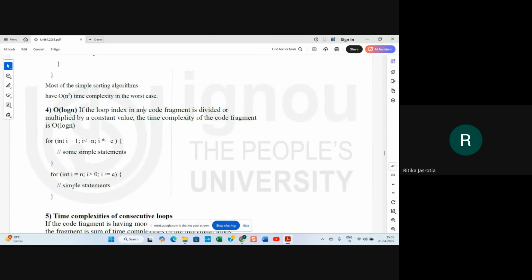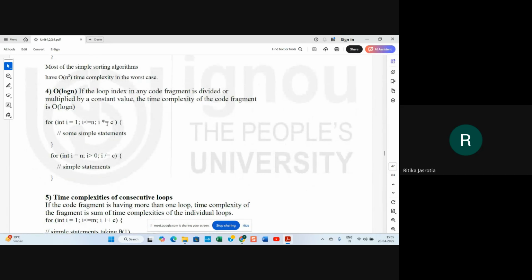Then O(log n). If the loop index in any code fragment is divided or multiplied by a constant value, the time complexity of the code fragment is O(log n). So here in the increment, you are multiplying. Where you do increment or decrement, you are multiplying or dividing, then it will be O(log n), right?